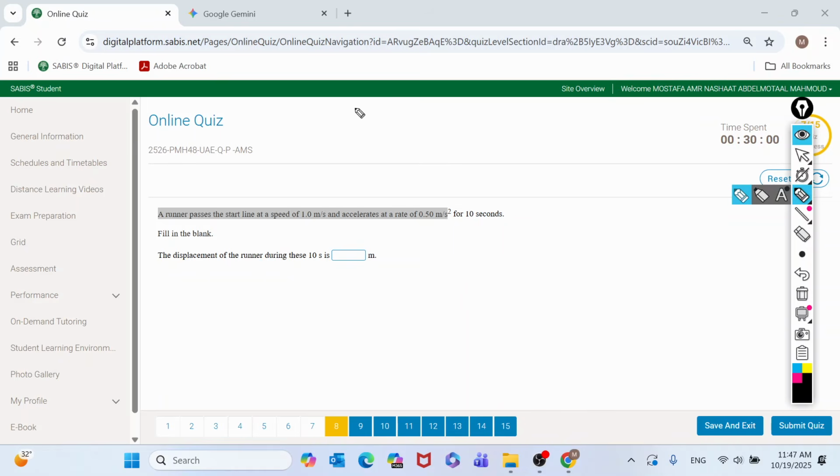Okay, so the formula is going to be delta x equals 1 over 2 at squared plus v0t.